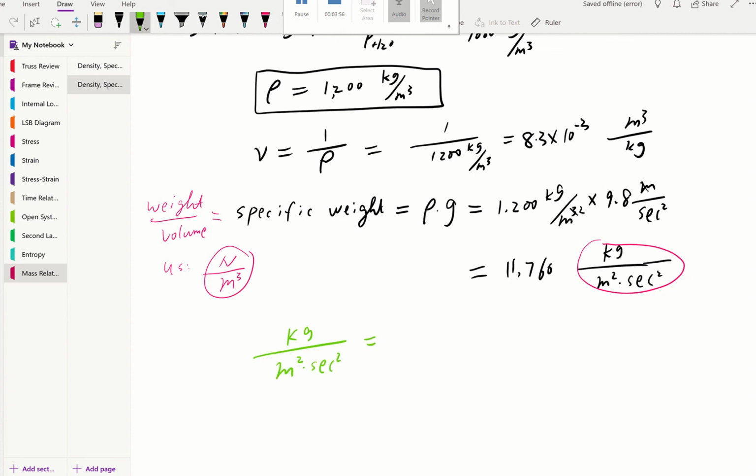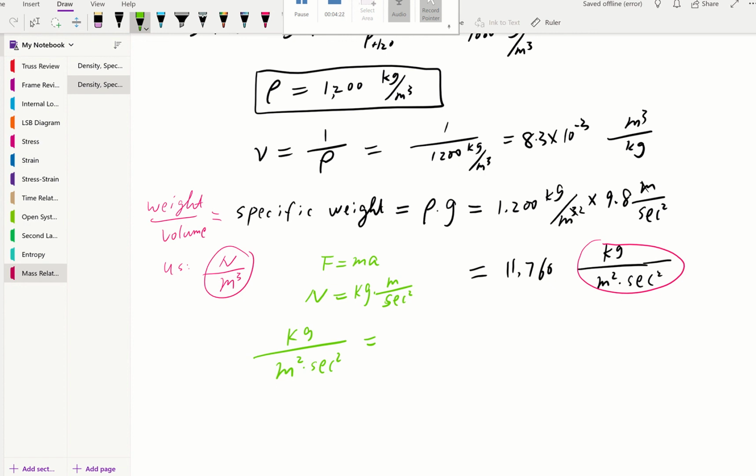Now let's think about what Newton is. Newton is the force unit. Force equals ma, Newton's second law, right? Force is equal to mass times acceleration. So Newton is equal to kilogram times meter per second square.